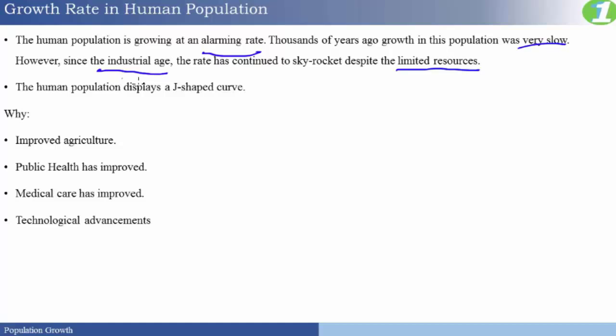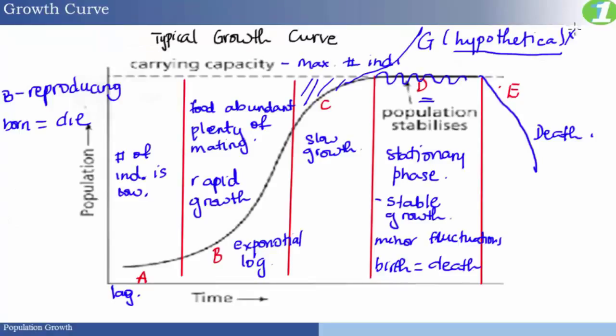Now, the curve is described as a J-shaped curve, so it looks somewhat like this, right? Instead of an S, it goes up. Remember, if we look back at the typical population growth curve, I had mentioned the hypothetical growth shape that can occur. Well, this is that hypothetical or ideal situation had there not been a carrying capacity.